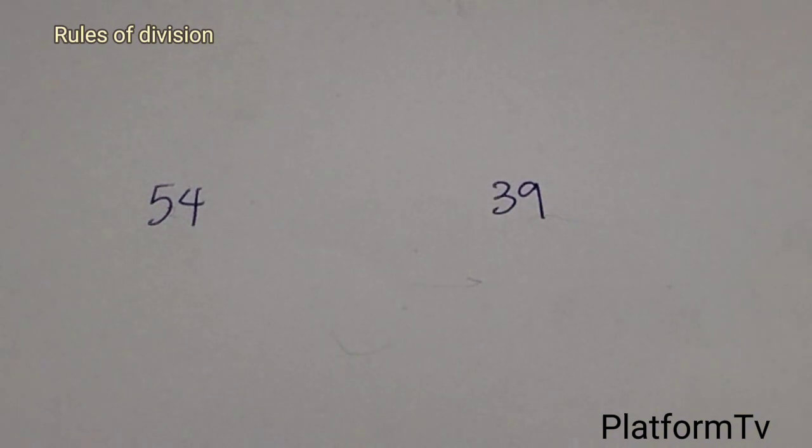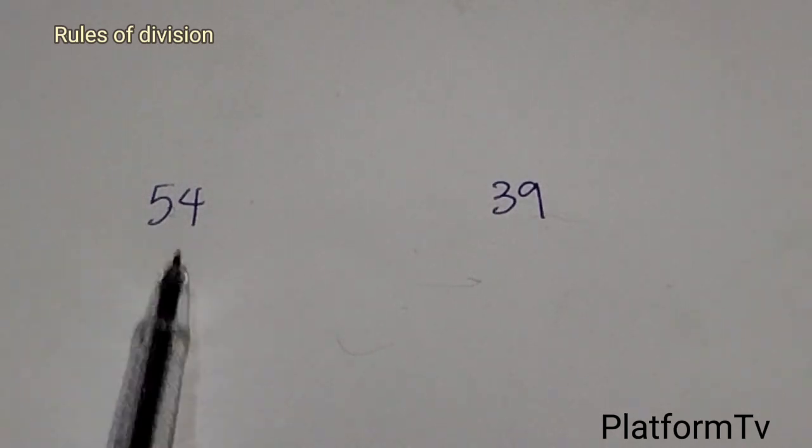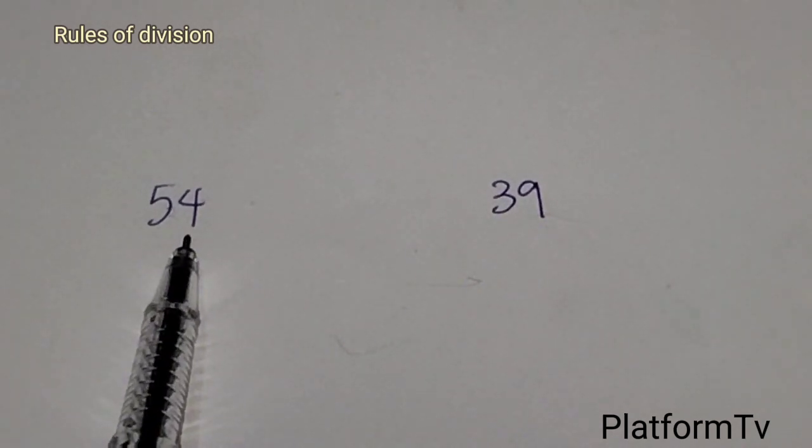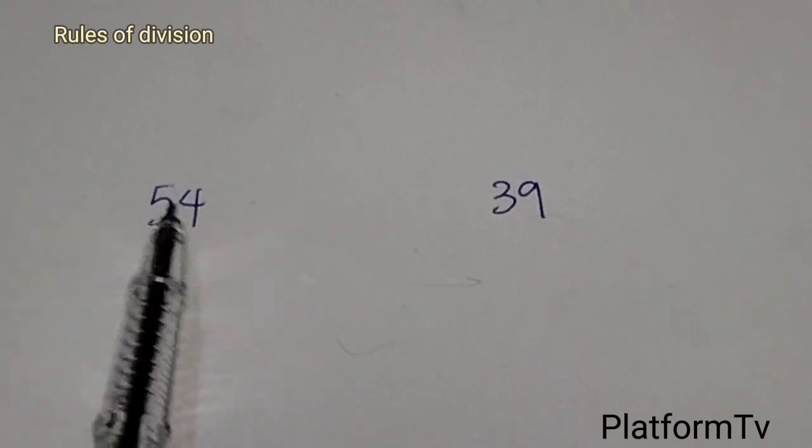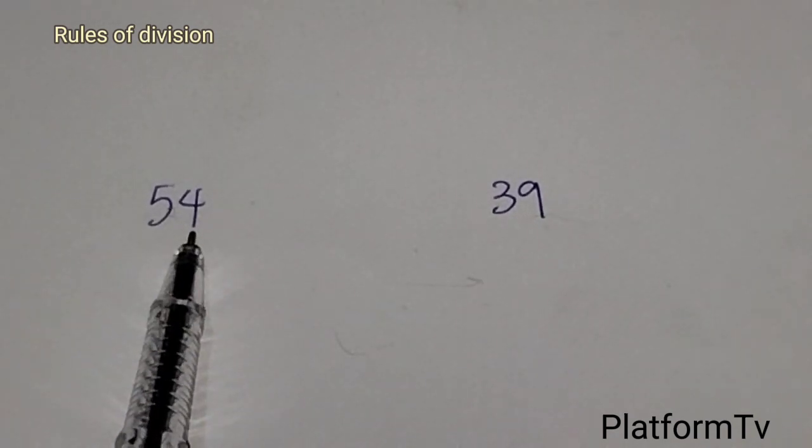So I have 54 and 39 in front of us, and I want to see which one of them is divisible by 2. In 54, the last digit is a 4. Remember, our rule says that the last digit ends in 2, 4, 6, 8, or 0.